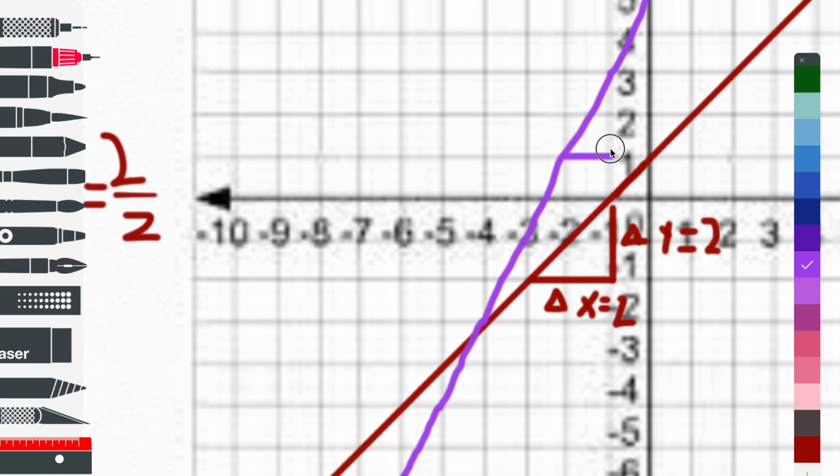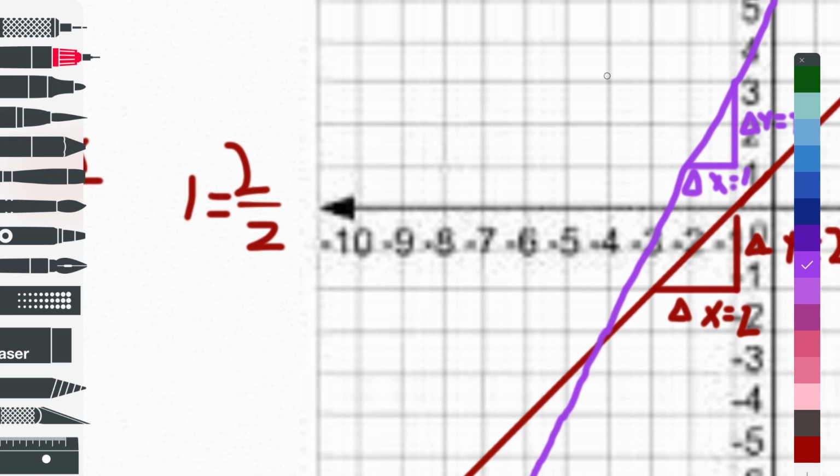So the change in x is 1, while the change in y is 2.